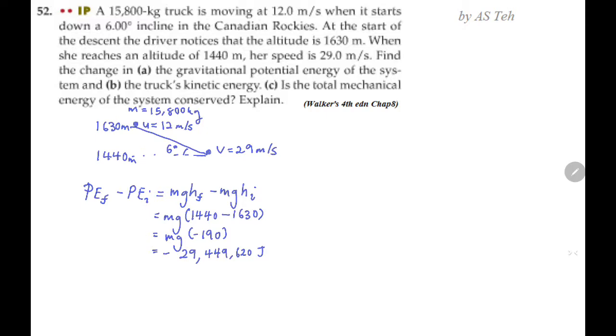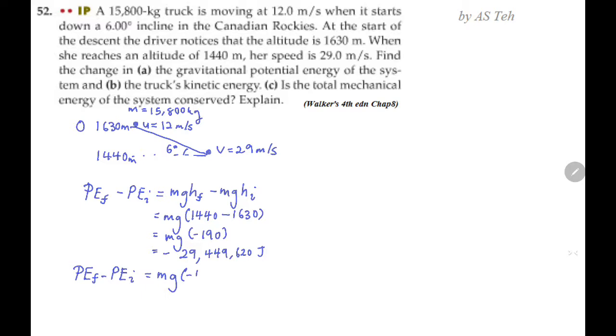Okay, there's another way you can see potential energy, by using an origin to reference a level. So here we initially reference Earth as 0, when Earth is at level 0. But let's say I put the origin right at the top. Okay, let's say the origin is at his initial position. So if I were to look at PE final minus PE initial, I would actually get mg times the final, which is lower than the origin.